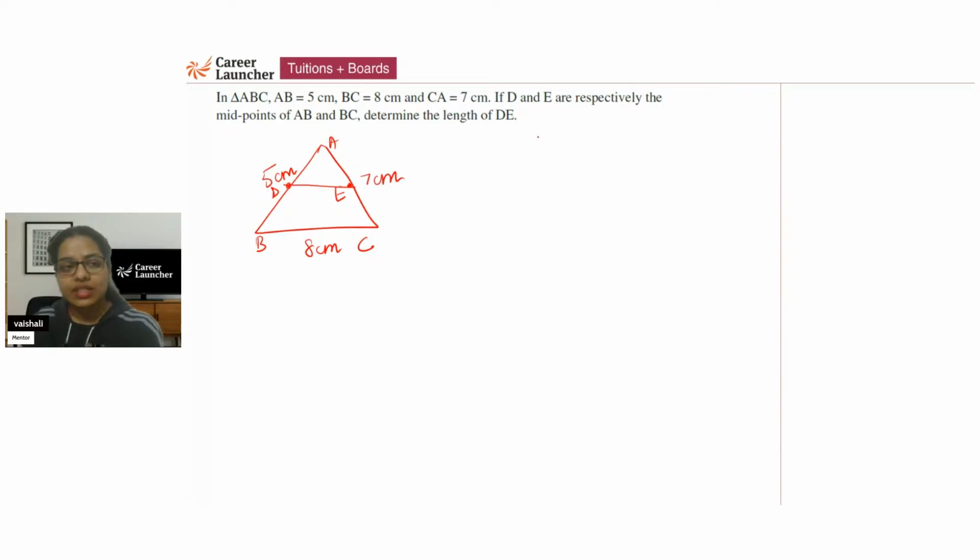So it means we are having D and E as the midpoints, right? Now generally BPT theorem से हम कह सकते हैं that if I am starting from a midpoint D जो AB पे lie करता है and extending it to another point on AC such that E भी midpoint है, so automatically you will say that DE is going to be parallel to BC and DE is basically what?